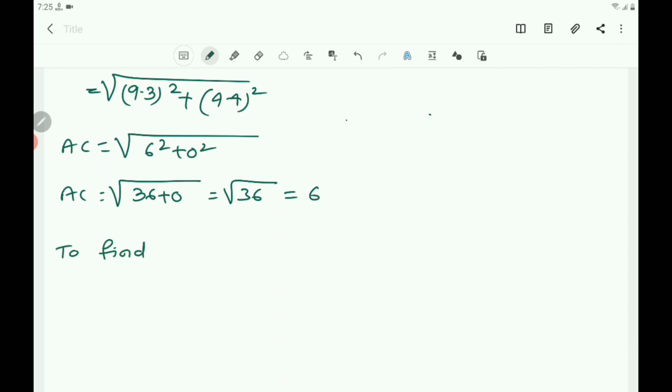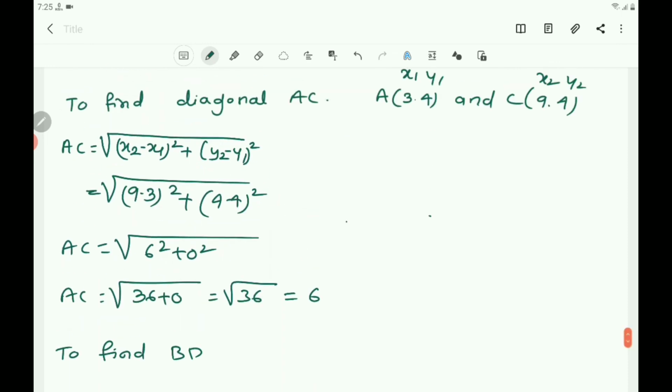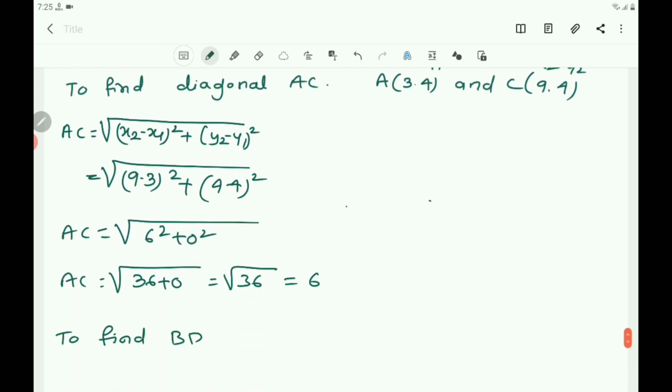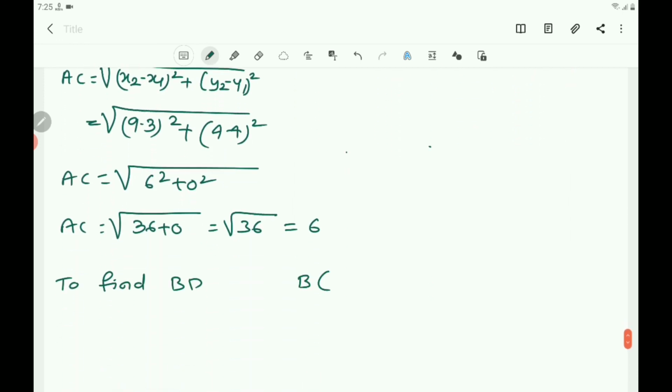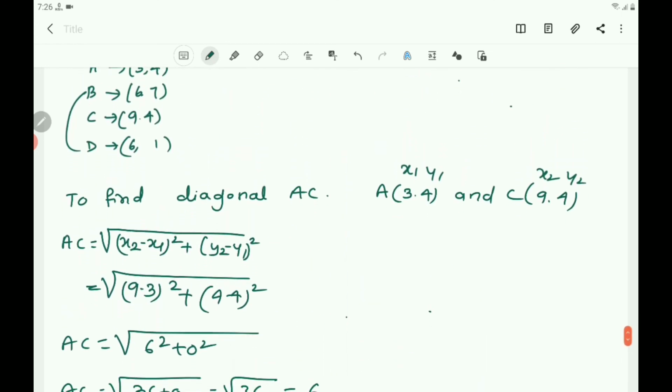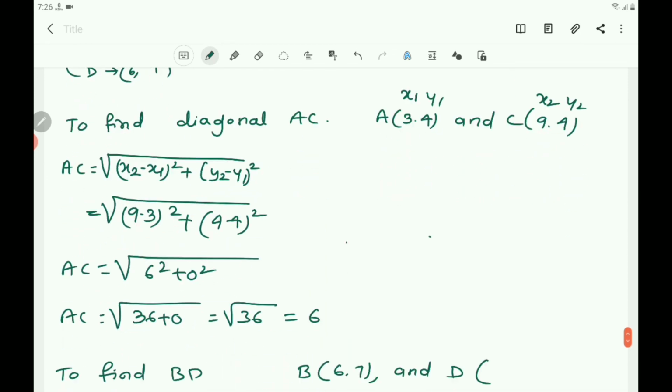Then find the diagonal BD. To find BD, what are the coordinates of B? B is a point with coordinates 6, 7. And D is a point with coordinates 6, 1.